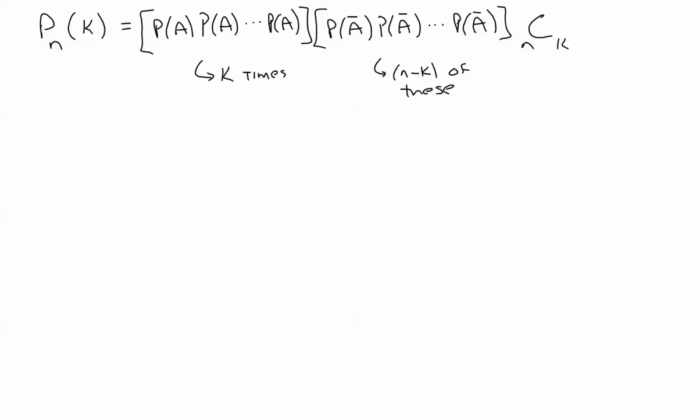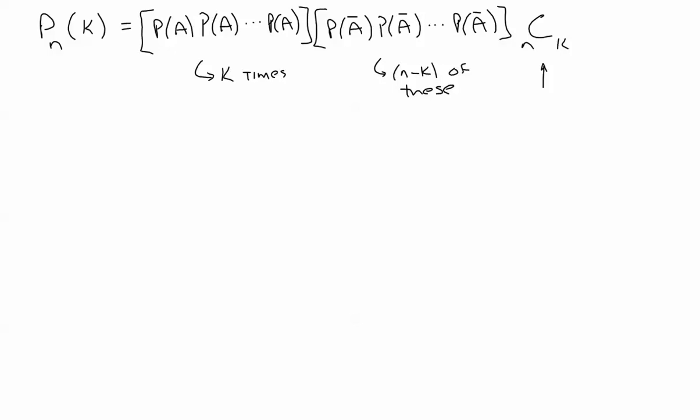So at this point, I'm more or less tacitly assuming that event A occurs the first K times, and that event A naught, or A does not occur, the last N minus K times. But that's equally probable to all other sequences of N trials for which A occurs K times. Multiply that times the number of combinations, and I get the overall probability.